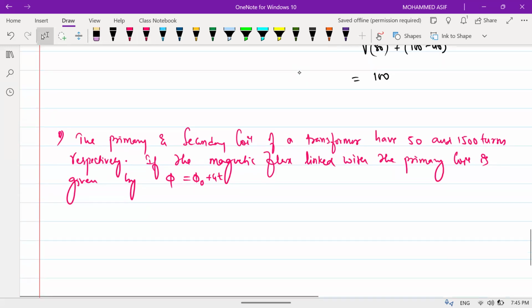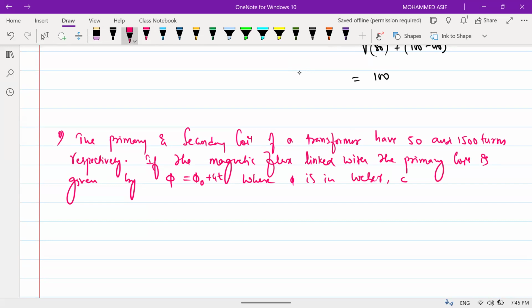Flux is equal to phi naught plus 40t, where phi is in Webers, t is in seconds and phi naught is constant. Phi naught is your constant. The output voltage across the secondary coil is how much?